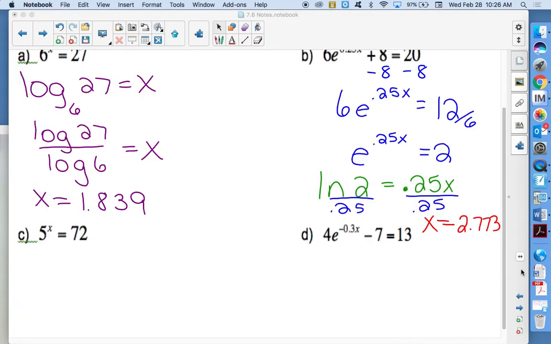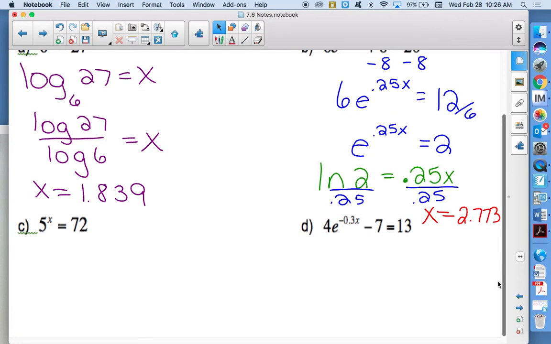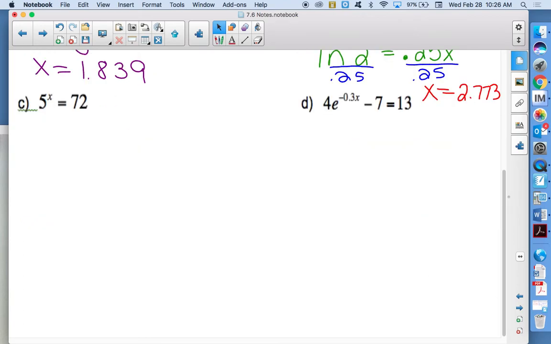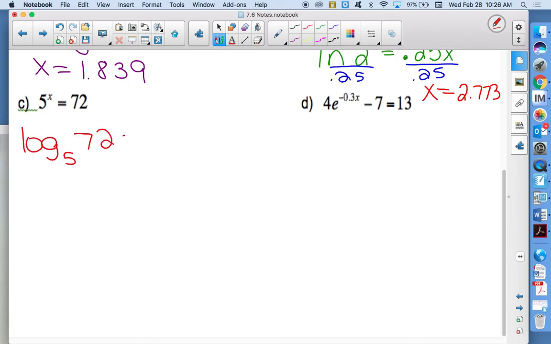So the last two problems are exactly like the ones above them. Letter C says 5 to the x is equal to 72. So Maddie, what do we do with that one? Log base 5 of 72 equals x. And then plug that in your calculator.